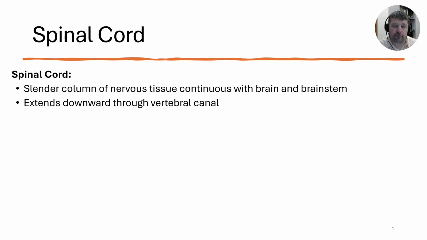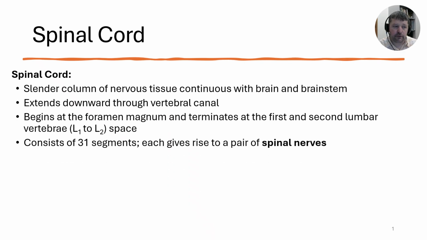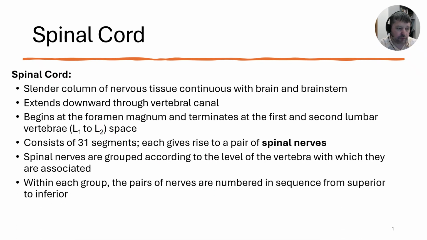So first, of course, this is a long column of nervous tissue that's running down the vertebral canal. We'll look at different regions. This gets at the spine regions we've talked about before, the lumbar region, the thoracic region, etc. So there are roughly 31 segments that make up the spinal nerves.